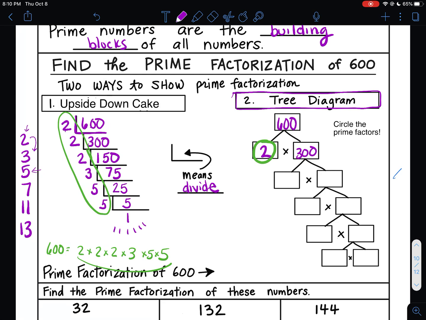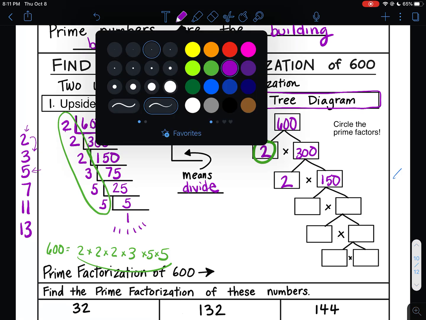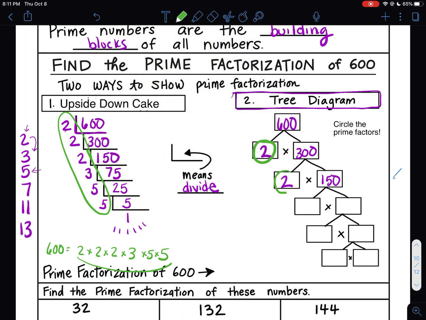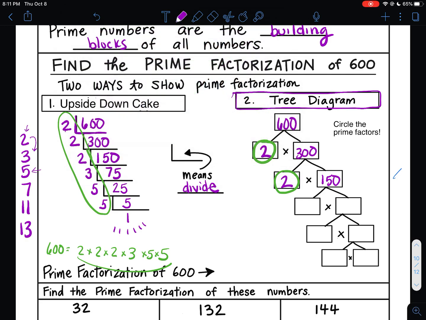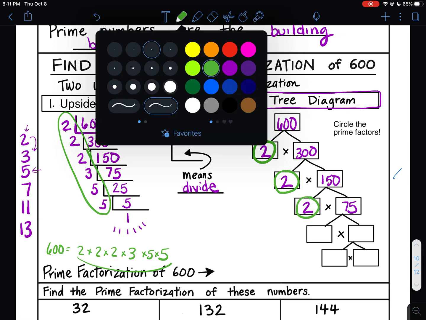Then we're going to break down 300. So what 2 numbers multiply to get 300 using our prime numbers? Well, I know it's divisible by 2. 2 times 150 gives me 300, and then 2 is prime. So we're going to circle it. So now we're going to break down 150. 2 times 75 gets me 150. 2 is prime.